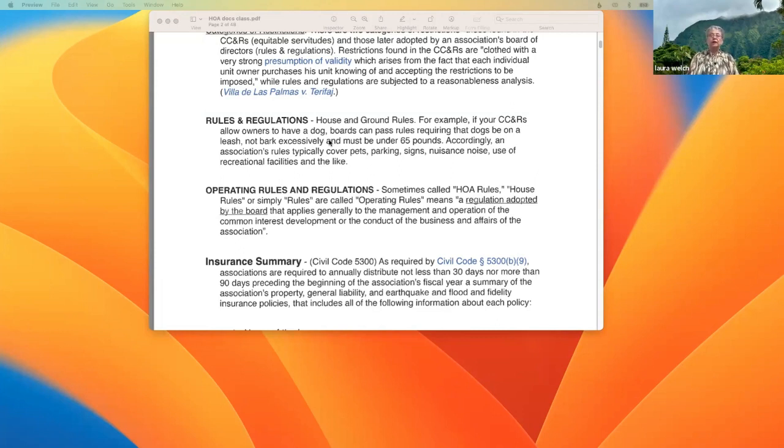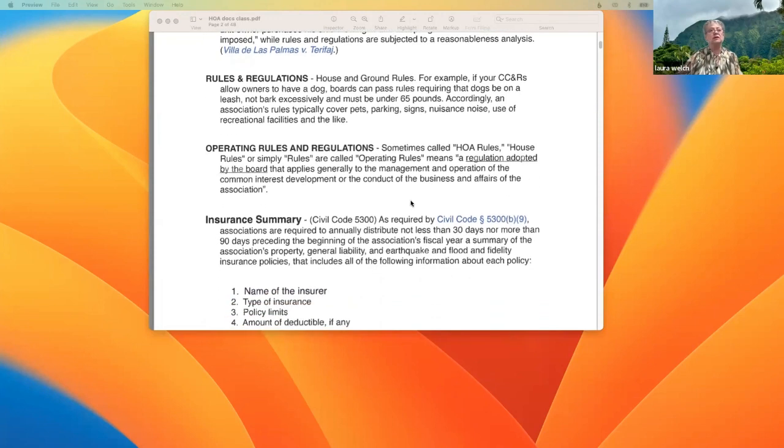It talks about, can you put a sign on your front lawn if you're selling? A lot of places do not allow that. You can put one in your window, but you can't put one out on your front lawn. A lot of them have restrictions on window coverings, that anything that faces the outside has to be white or off-white, things like that. So it's more granular.